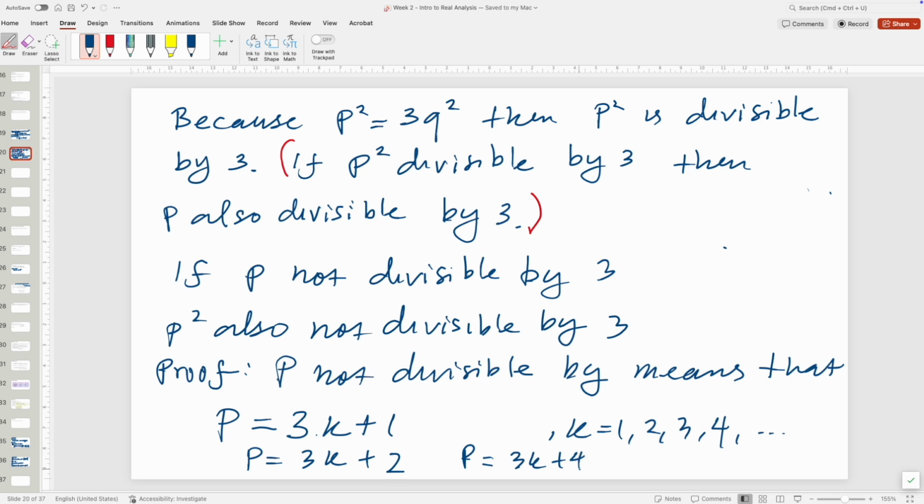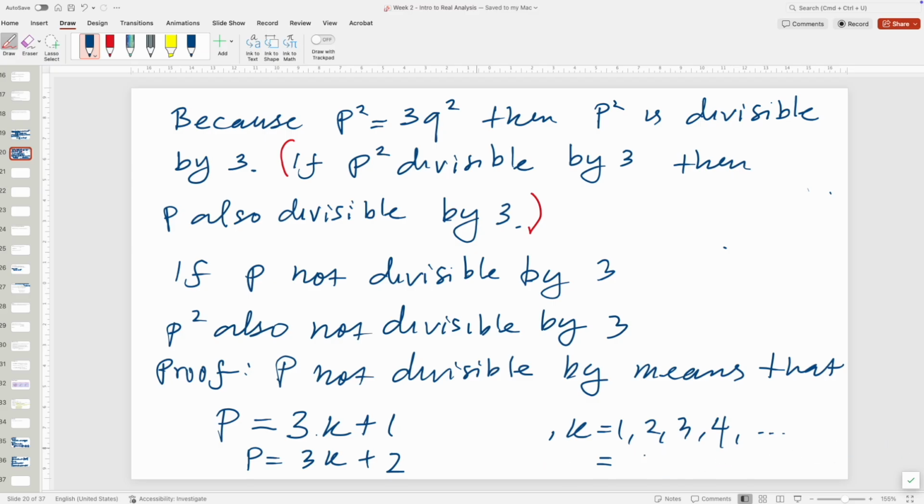What about 4? I can write 4 like this: 3K plus 3 plus 1, and this can be written as 3 times K plus 1 plus 1, and this one is K again. Similar to this, so it's redundant. So skip this one.